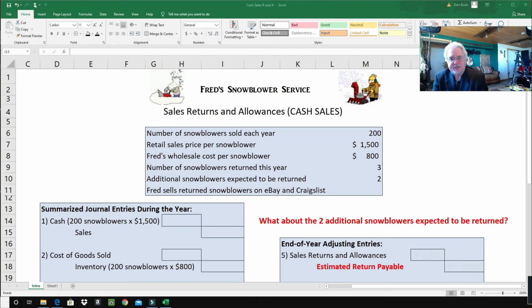So let's get started. The number of snowblowers that Fred sells each and every year is 200 snowblowers, and the retail price of these snowblowers is $1,500. Fred buys these snowblowers for $800. 3 people returned their snowblowers and they got their money back.